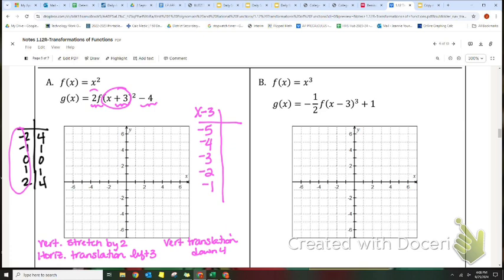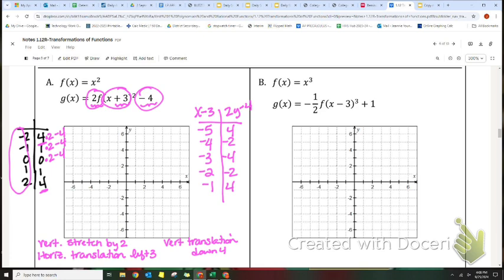And then what's left is we have 2 times f, and then we have minus 4. So we're going to take 2 times our y and subtract 4. So we're going to multiply each of these times 2 and then subtract 4. And so because this is a 4 and this is a 4, they'll get the same answer. So multiply by 2, subtract 4, that's -2. And multiply by 2, subtract 4, that's -4. And so that will be our new graph.